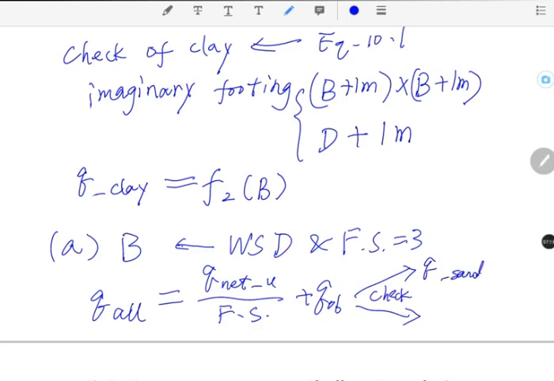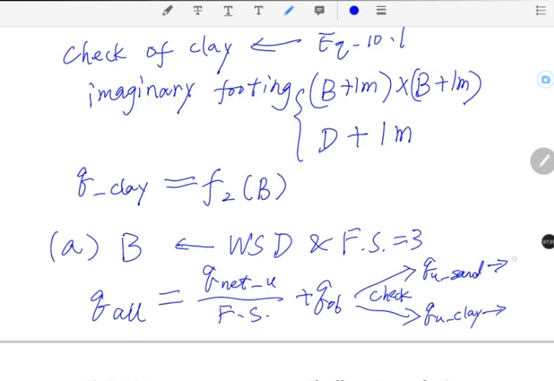Q sand, QU sand, and QU clay, which are a function of B, F1B for QU sand, and F2B for QU clay.